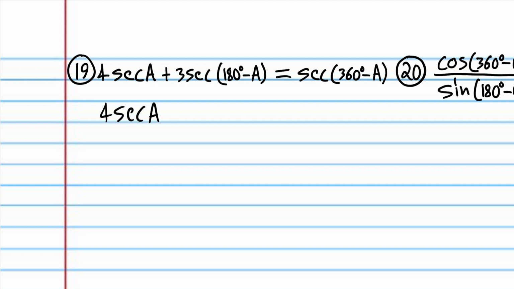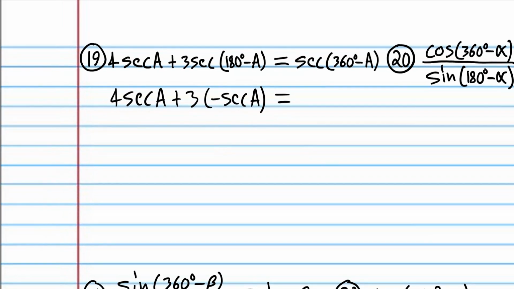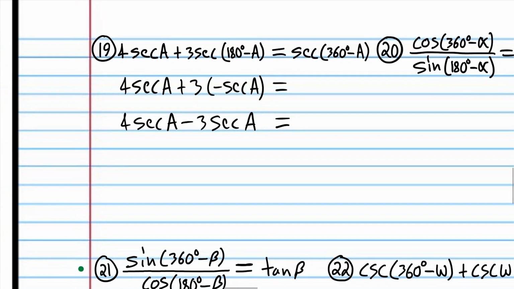So secant, if you look at your formulas, secant of 180 minus theta, or 180 minus a, is equal to negative secant a. And so we get 4 secant a minus 3 secant a, which is just secant a.